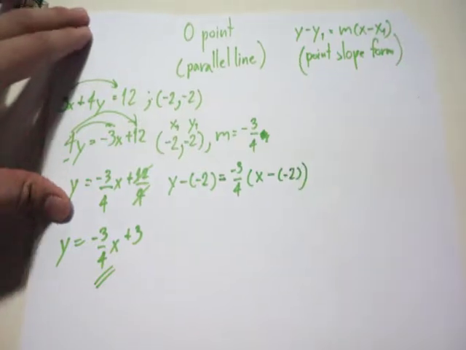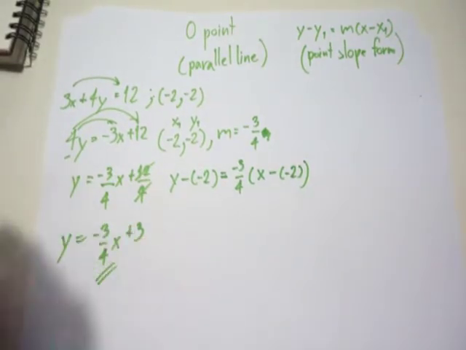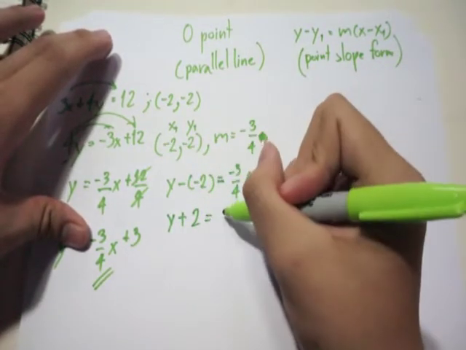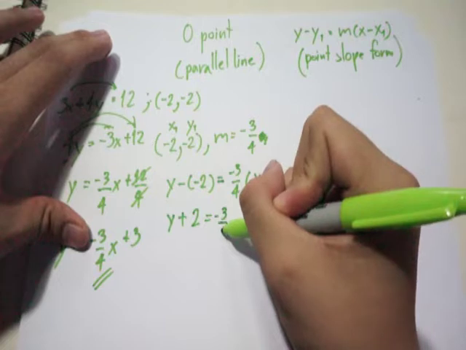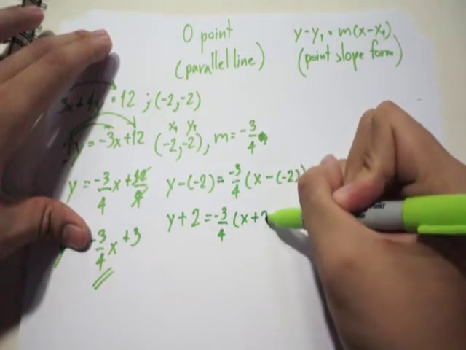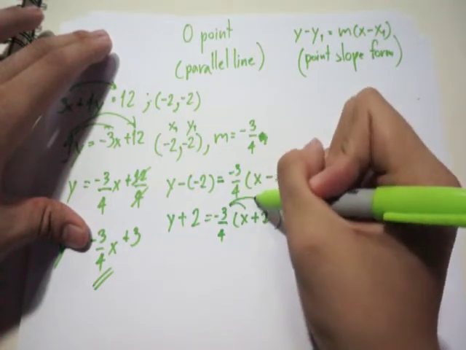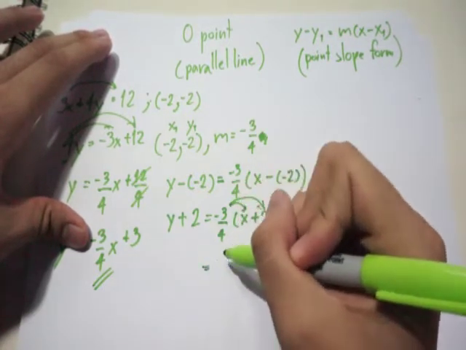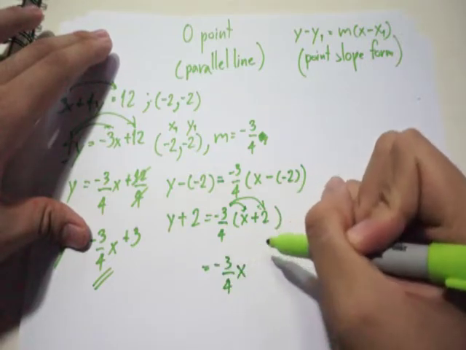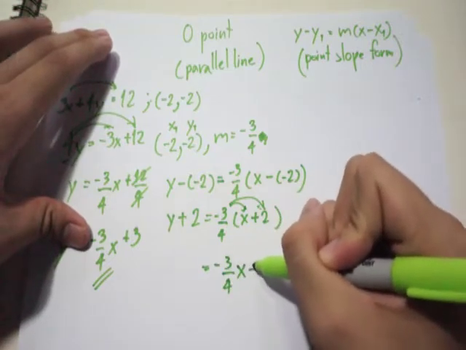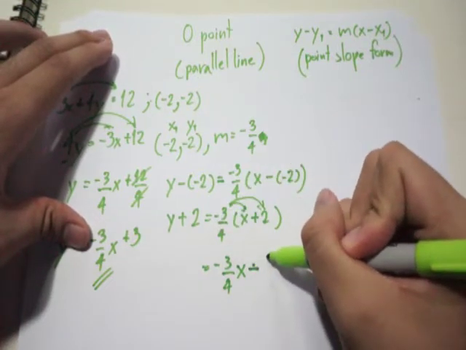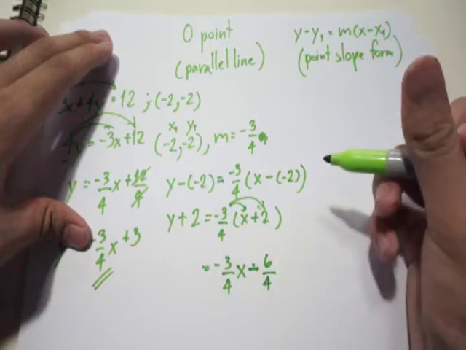And now we have this form. Gonna clean this up a bit. It will be y plus 2 equals negative 3 over 4 with the bracket, equal to plus positive 2, and then we distribute to both, which will give negative 3 over 4x, and then it's minus because it's negative, minus 6 over 4.